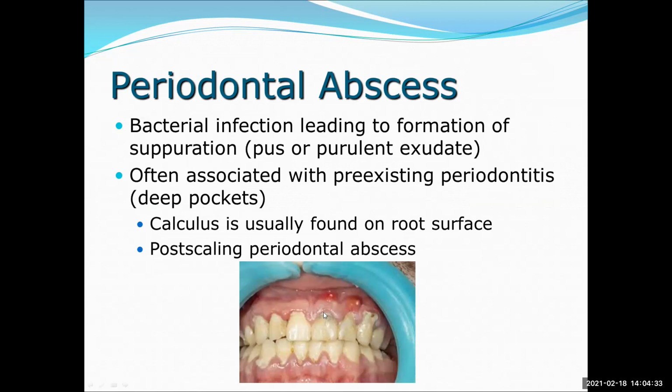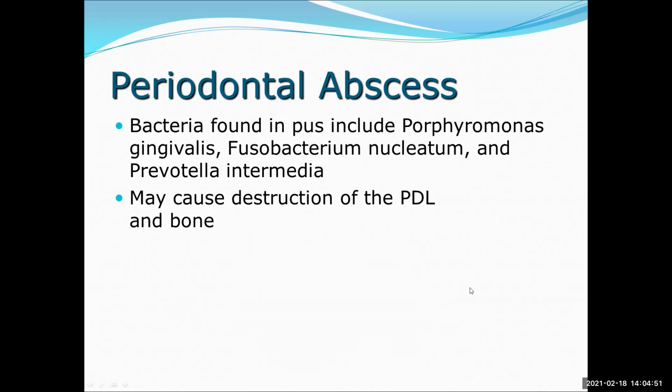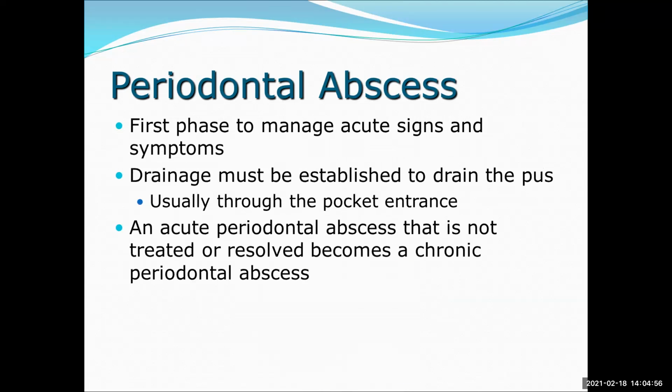So sometimes you have to break this up with a probe or gently with the scaler to get into where that abscess is so you can help drain it. Sometimes you're placing gutta percha, a little point in here, and kind of popping that pimple so the pus can come out. If the fistula is draining, the patient oftentimes doesn't have any pain because it's releasing the pressure.